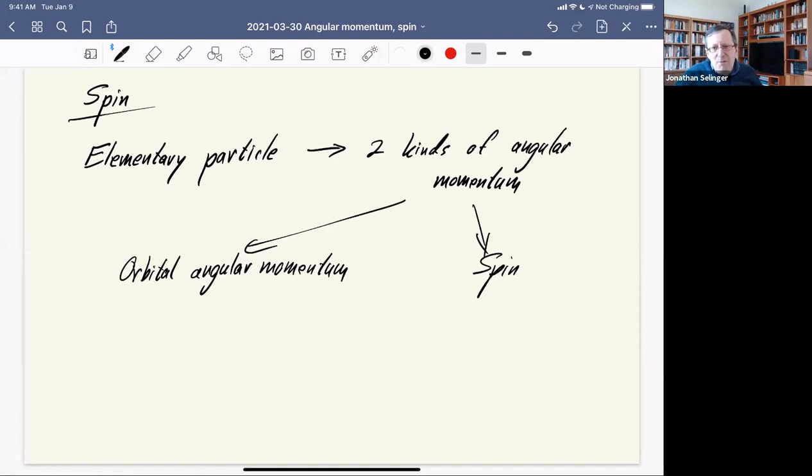We know that when the Earth is spinning, we could look at every little bit of the Earth, every bit of dirt in the Earth's crust, and say, well, the spin really means that every bit of dirt is moving about the axis. When it comes to an elementary particle, we don't really know what is spinning.